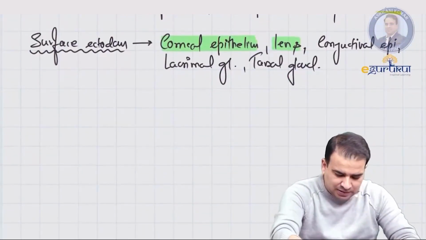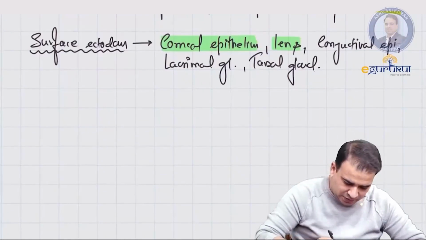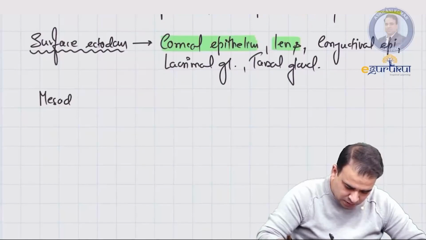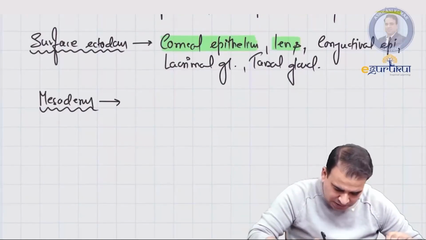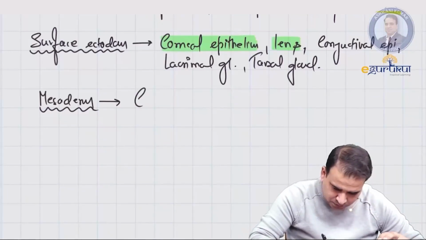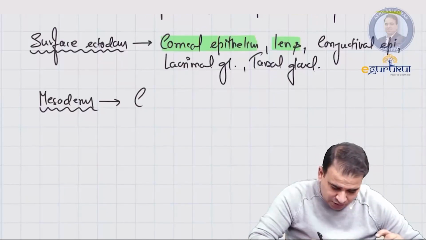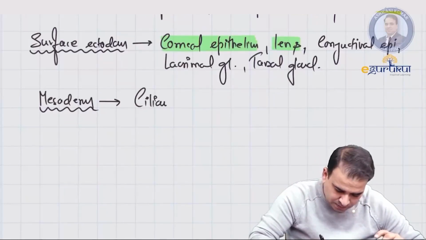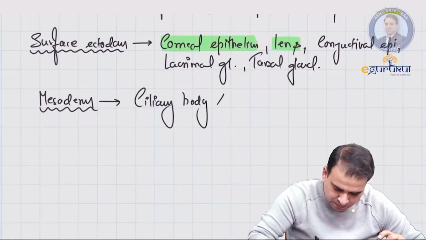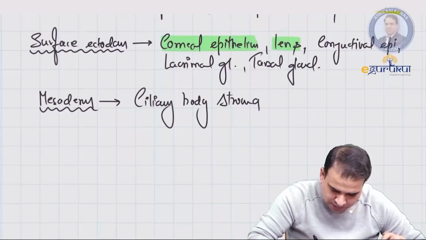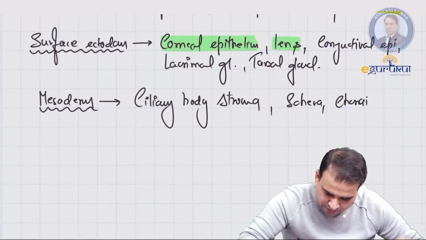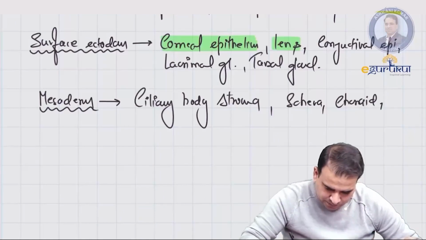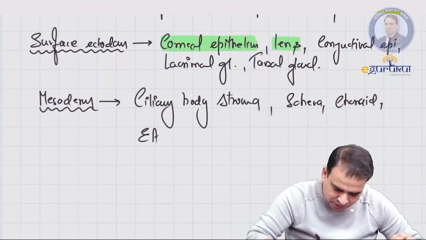The third thing there is the mesoderm. That mesoderm will give rise to what? Mesoderm of the pharyngeal arch. Mesoderm will give rise to the ciliary body stroma, sclera, choroid, and obviously extraocular muscles.